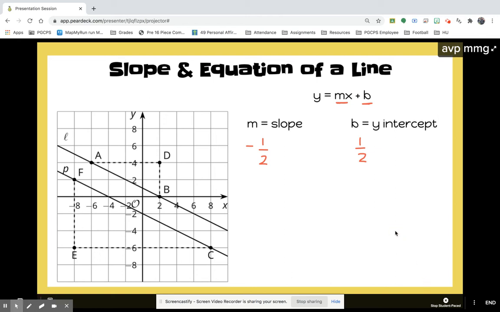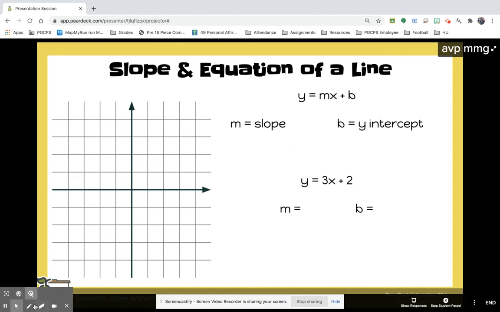So if I go to the next slide, we'll be able to start to figure out how we can execute this. So now let's go over what's what. Remember, my M is my slope. So we always write whole numbers over one. It's never just a whole number because we always have rise over run.